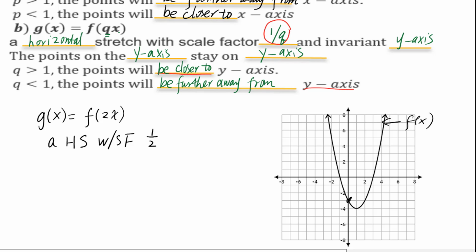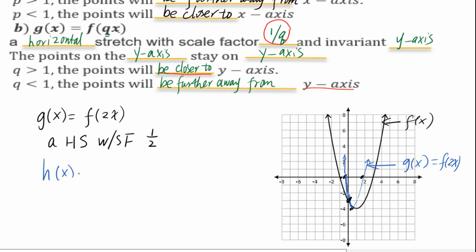This point won't move. Then get this x-intercept. The distance from the y-axis will be half. This is another x-intercept. The distance from the y-axis will be half. For this vertex, the distance from the y-axis will be half. Then you can connect these 4 points. This will be g of x equals f of 2x.